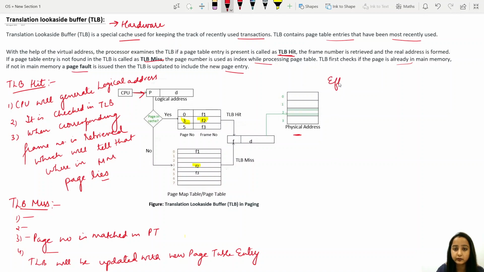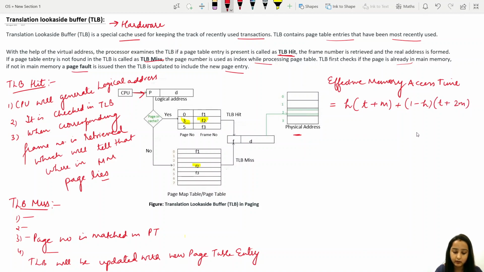Since the execution time is less here due to the presence of TLB, we will calculate the effective memory access time. Effective memory access time will be given as H multiplied by (T plus M) plus (1 minus H) multiplied by (T plus 2M).